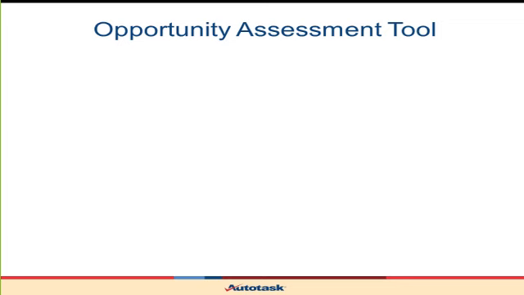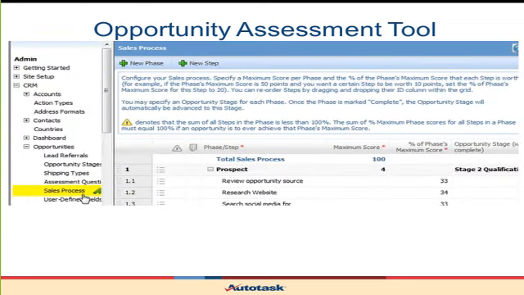And then on the sales process, you can define this in admin, CRM, opportunities, sales process. The sales process is going to be divided into phases and steps, where each step is worth a percentage of that phase. Each phase can then be associated to an opportunity stage that when marked complete is automatically going to advance your opportunity.